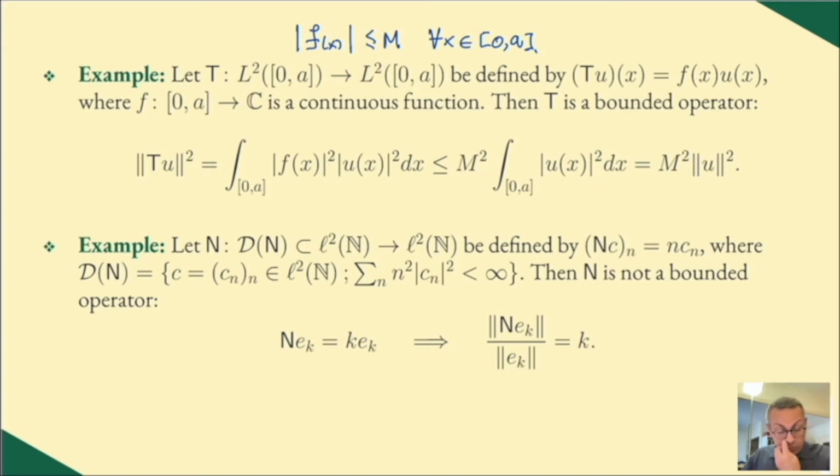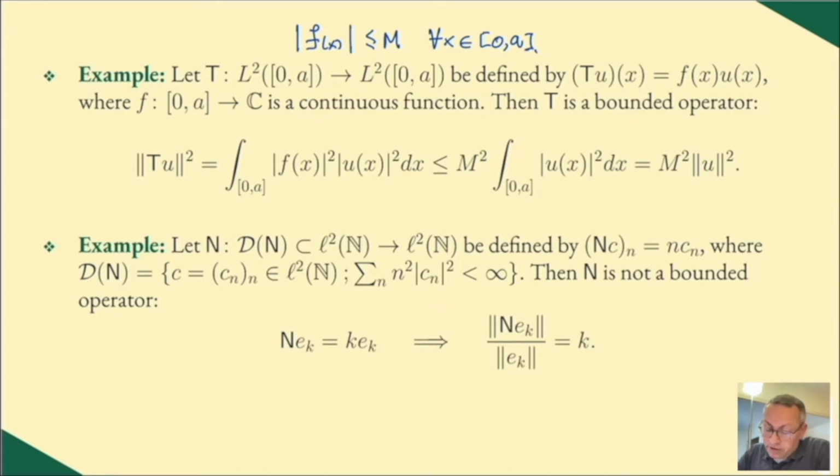The second example is also a multiplication operator, but this time on the Hilbert space little l2(N). It's defined on this domain, which consists of sequences in l2 such that this sum is finite. So this sum is nothing else than the norm square of Nc, right?